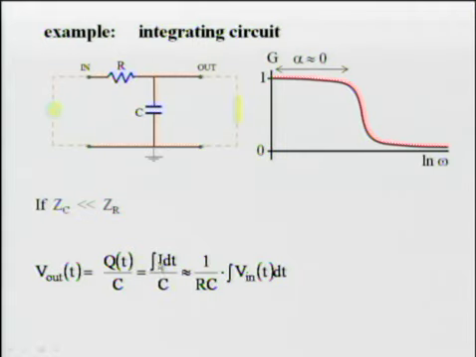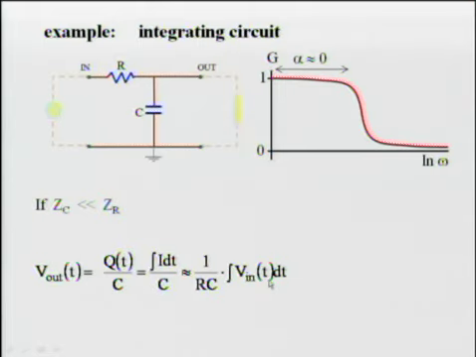Now, this current is the current flowing through the capacitor, but it's the same current as flowing through the resistor, and the current in the resistor depends on the voltage across the resistor, which happens to be approximately equal to the voltage across the system. So I can put it that the current through the resistor is approximately equal to the input voltage divided by resistance.